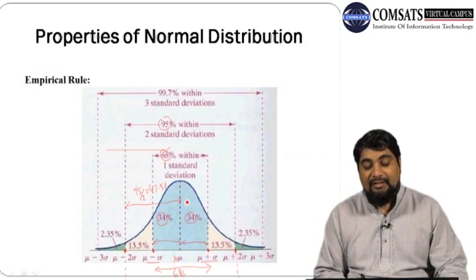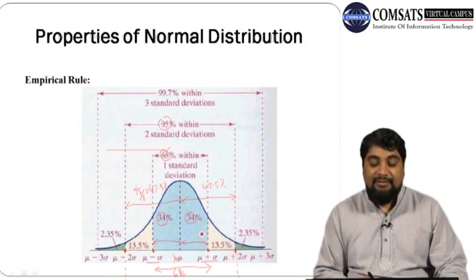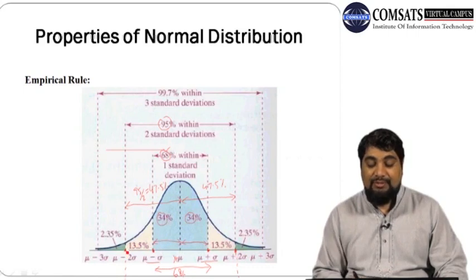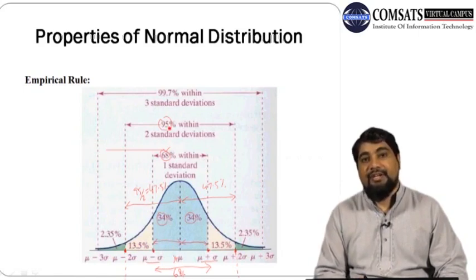Similarly, from mu to mu plus 2 sigma, this will also be equal to 47.5%. If we add these two areas together, we get the total area from mu minus 2 sigma to mu plus 2 sigma under this normal curve. So this is 95%.